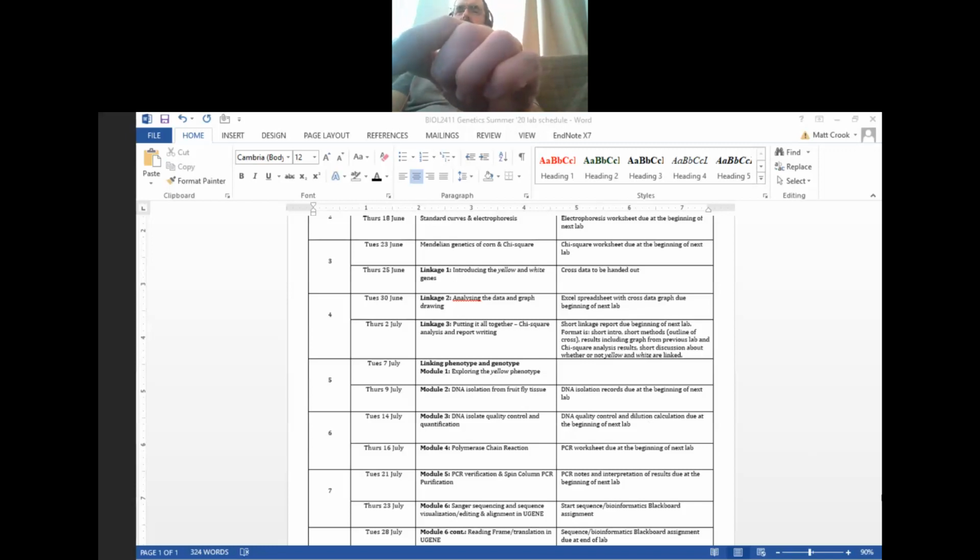Oh, hang on. Yeah, that's right. Oh, sorry, that's easy. I can get that date right. The Americans putting the date the wrong way around. Yeah, so Excel graph on the 2nd of July and the mini lab report the following week on the 7th of July. And so that should give you a little bit longer over the weekend to write that up. Okay.